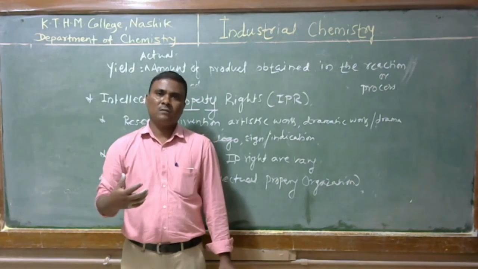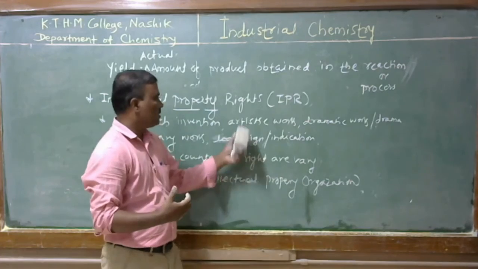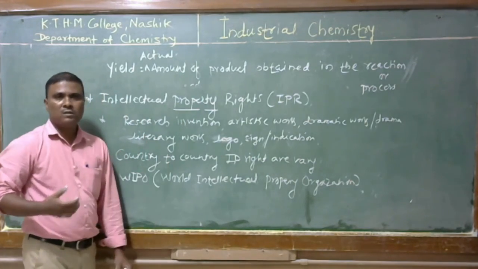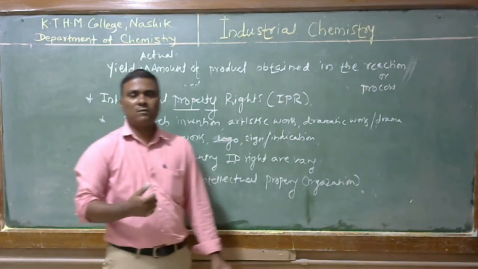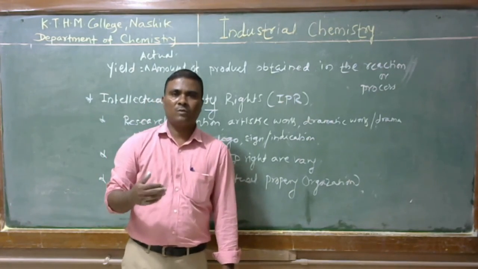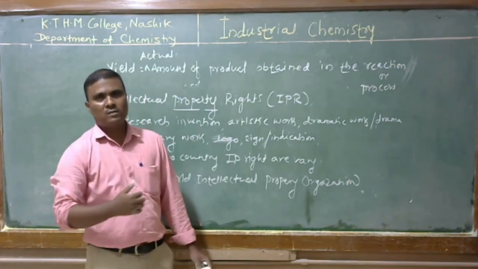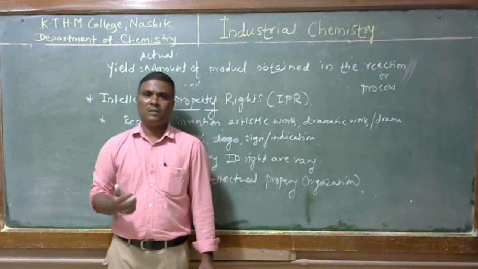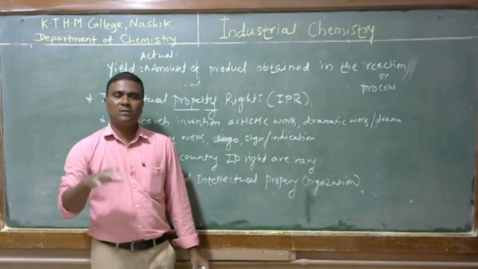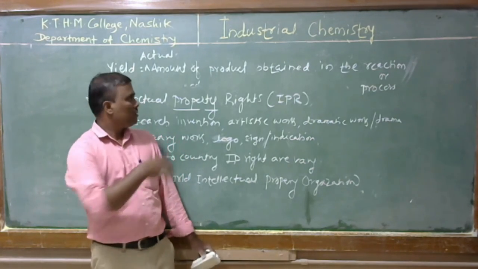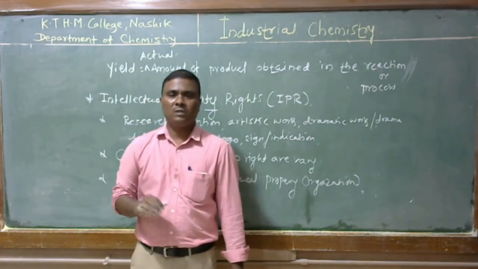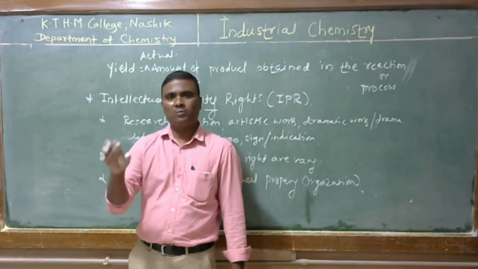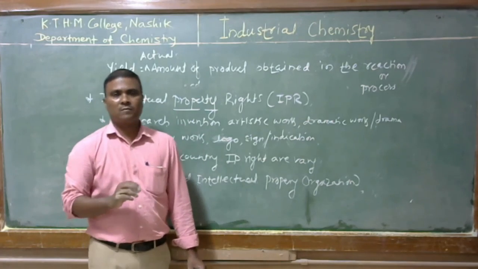And in copyright, as I mentioned, artistic work, dramatic work, literary works come under the copyright. So we will discuss one by one what is a copyright, patent and trademark. If you understand even these 2-3 points, it will give a good idea about what is meant by patent, copyright and trademark.